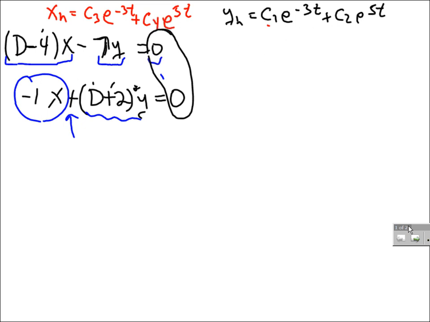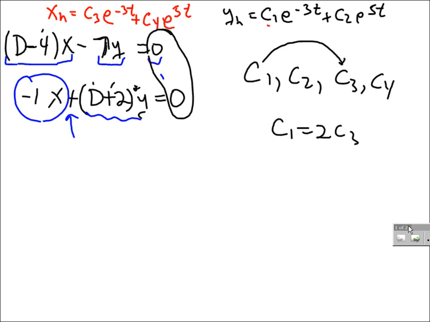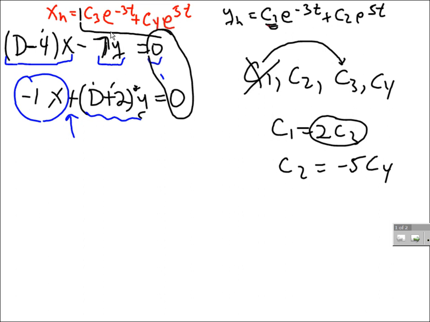However, there's a connection. So right now, the constants are C1, C2, C3, and C4. And there's connections between the two. That is, maybe C1 is 2C3. Maybe C2 is negative 5C4. That is, I can get rid of C1 by writing that. So no more C1. You don't have C1 here anymore.